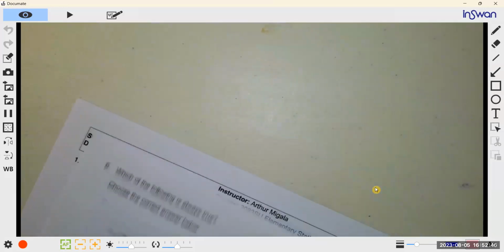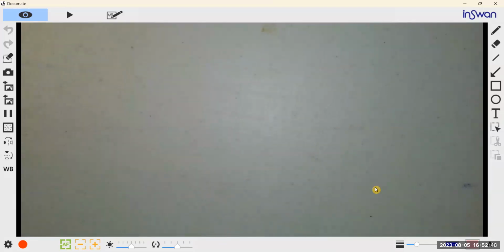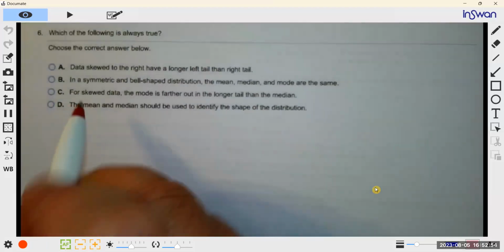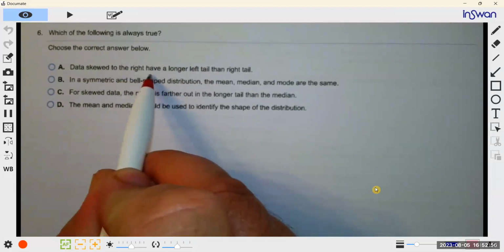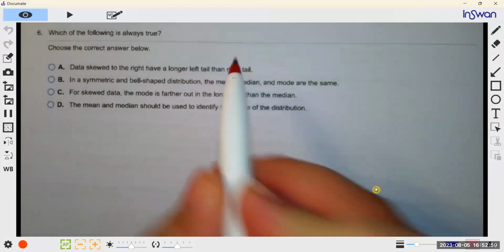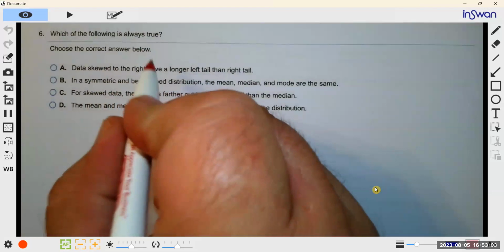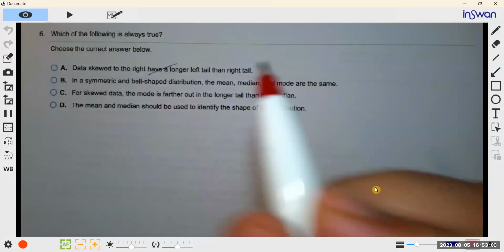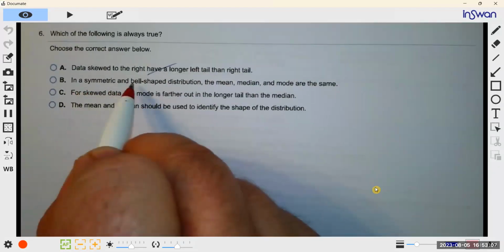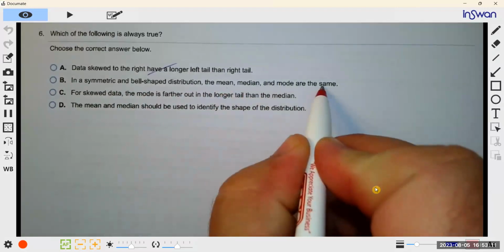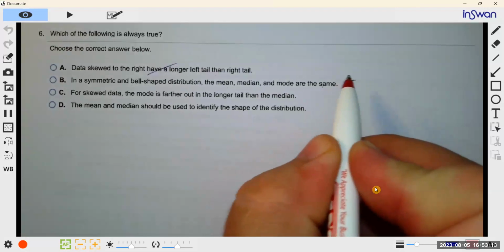All right, the last one, number 6. Which of the following is always true? Data skewed to the right have a longer left tail than a right tail. No. A symmetric and bell-shaped distribution, mean, median, mode are the same. So far, that's right.